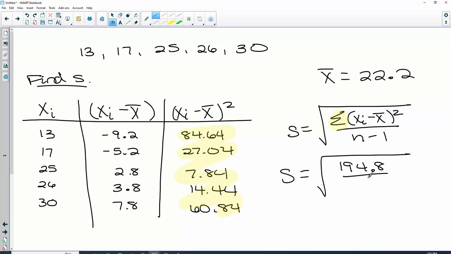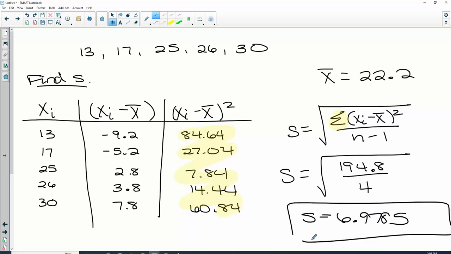How do we do n minus 1? Take the number of terms you have minus 1. Okay, so we have 5 terms, minus 1 is 4. So I'm just typing in the square root, 194.8 divided by 4. Okay, that equals 6.9785. Other questions there?